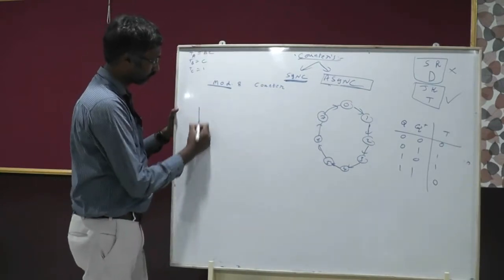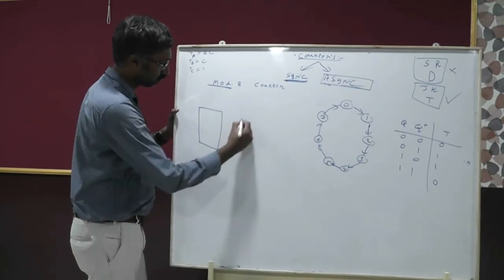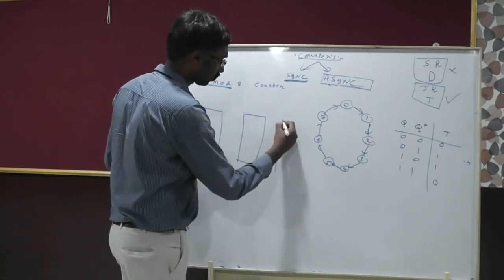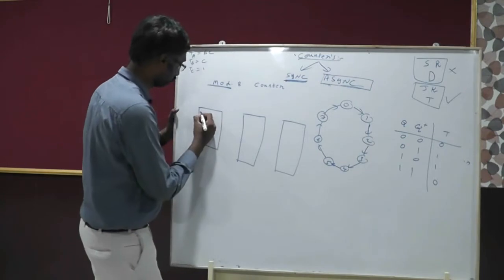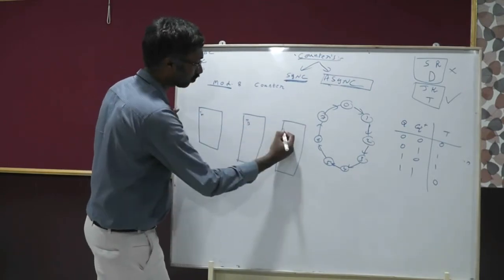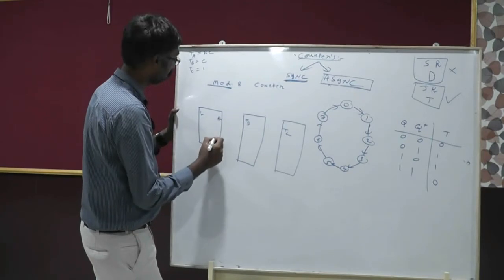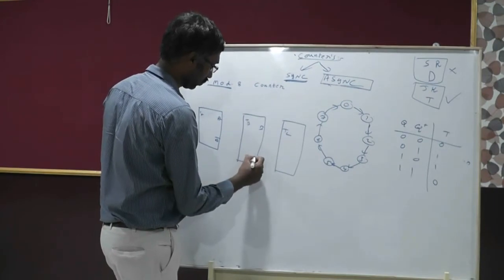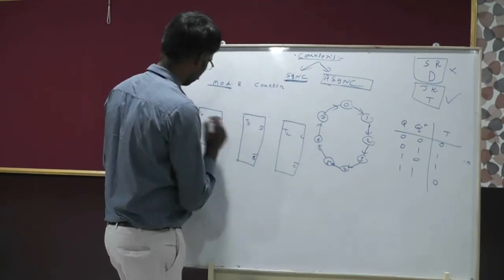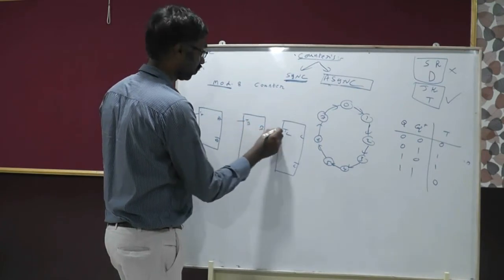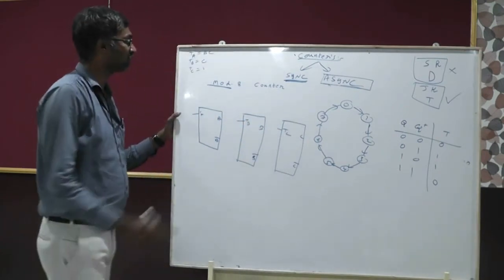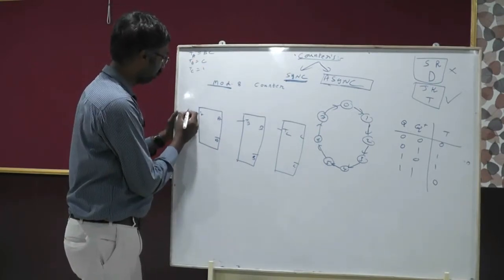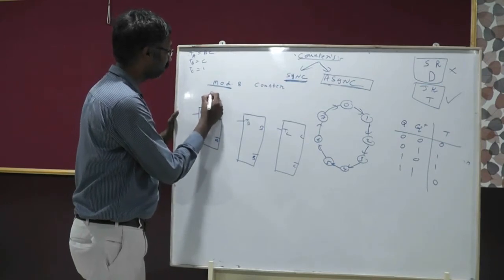Now, 3 flip-flops. TA value will be the AND gate output of B and C. So I'm going to take an AND gate.